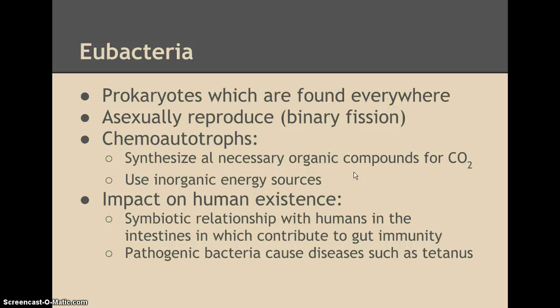They impact human existence by creating symbiotic relationships with humans in the intestines, which contribute to gut immunity and good digestion. But there's also pathogenic bacteria, which cause diseases such as tetanus, and there's many more.